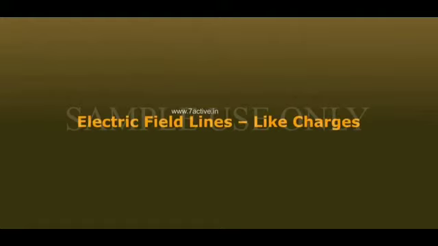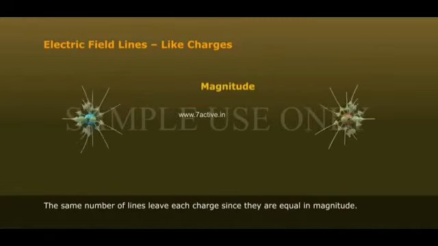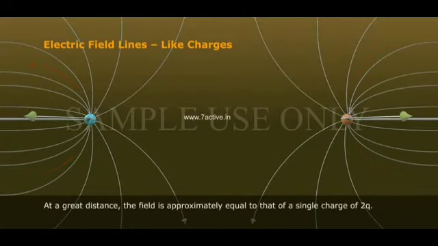Electric field lines. Like charges. The charges are equal and positive. The same number of lines leave each charge since they are equal in magnitude. At a great distance, the field is approximately equal to that of a single charge of 2q.